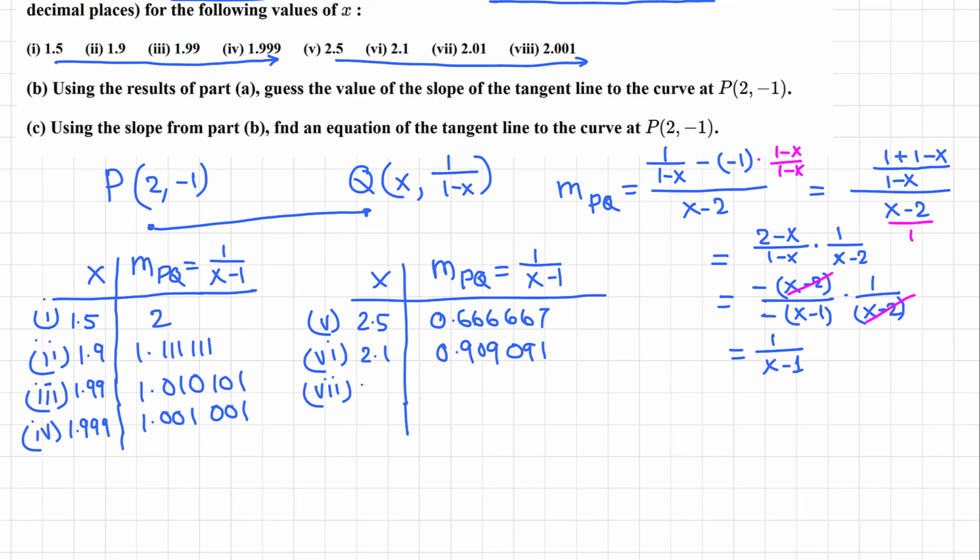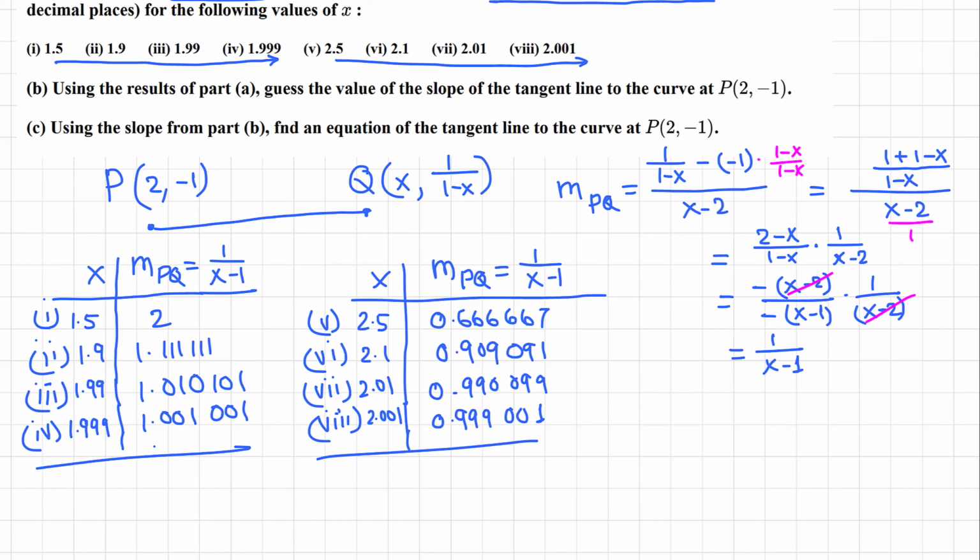Then 2.01, we get 0.990099, and finally 2.001. We get 0.999001. Okay, so those are the different slopes.